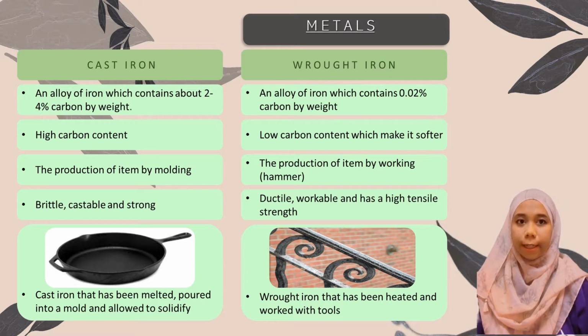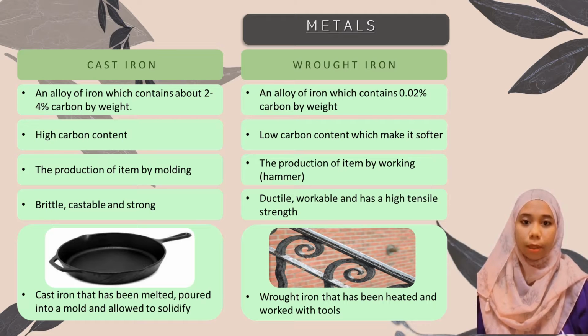Cast iron is also known to be brittle, castable, and strong. For example, cast iron that has been melted, put into a mold, and allowed to solidify is the pan that we always use for cooking purposes, such as in the picture.